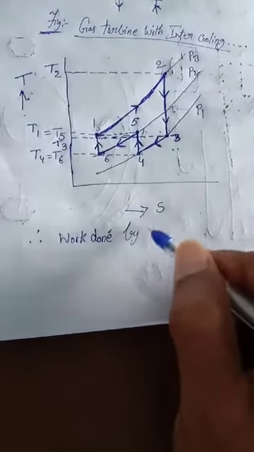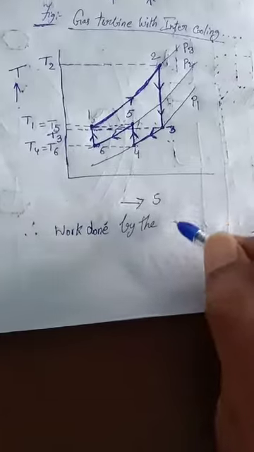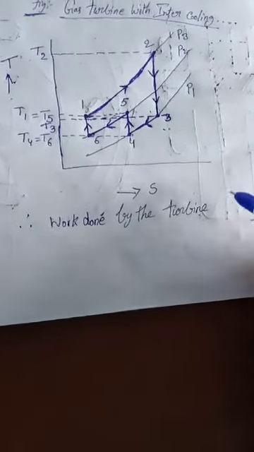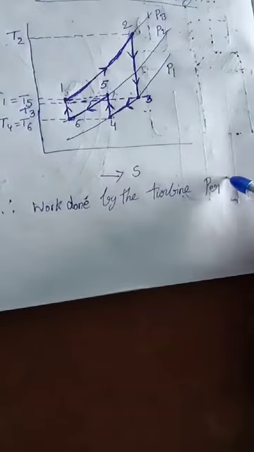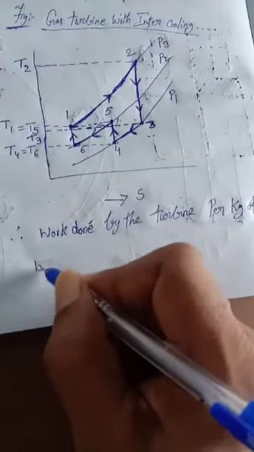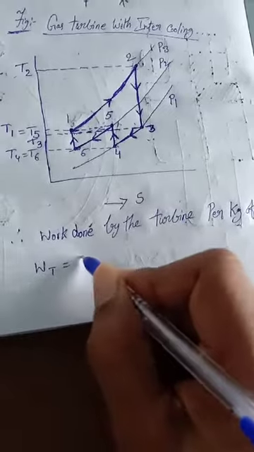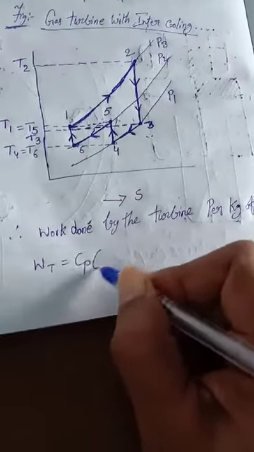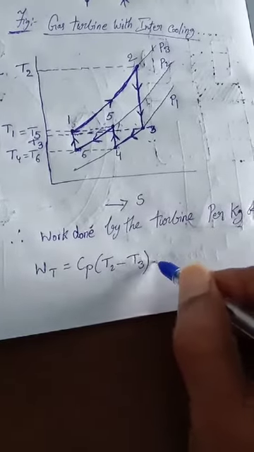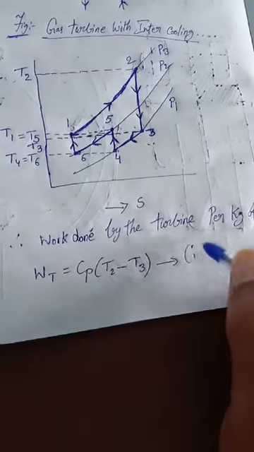Work done by the turbine per kg of air: Wt is equal to Cp into (T2 minus T3). You can put this as equation number 1.